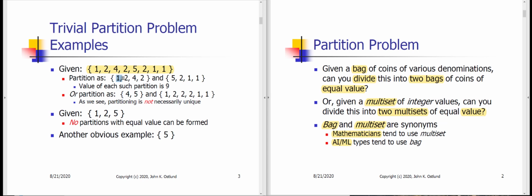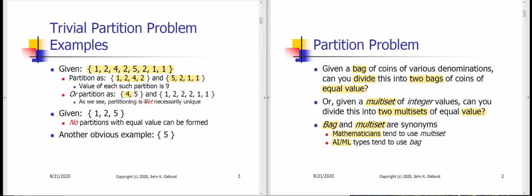In fact, we can take these coins 1, 2, 4, 2, which sum to a value of 9, and these other coins 5, 2, 1, 1, which sum to the value of 9, and we have therefore partitioned the multiset. We've used up all the items in the multiset, and the values of each of the two sub-multisets is the same as the other.